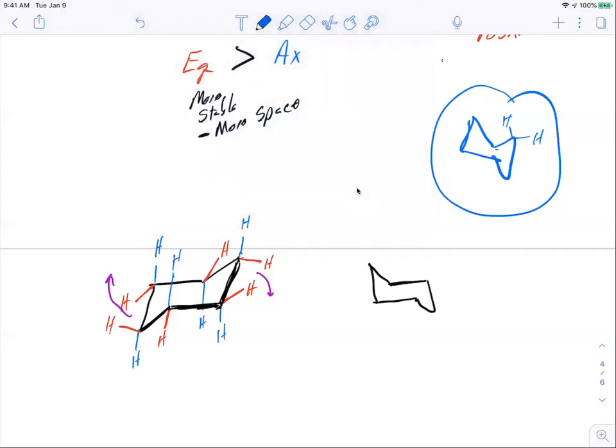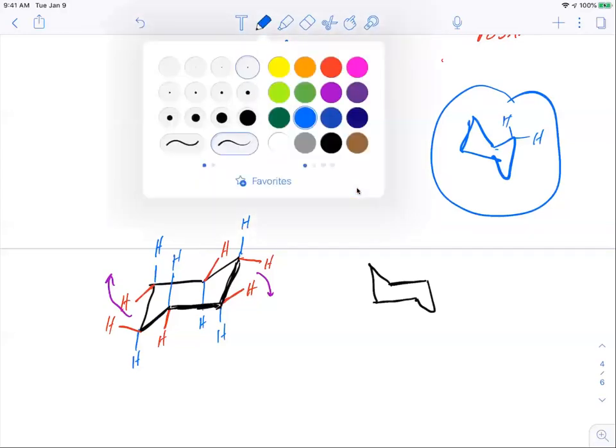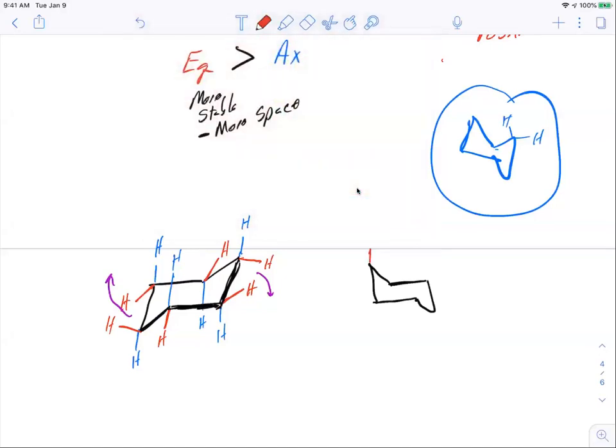So now I'm going to go in and notice my color change. These are the red hydrogens from the beginning. But now what was equatorial is now axial. So the red equatorial hydrogens now have flipped into an axial position.